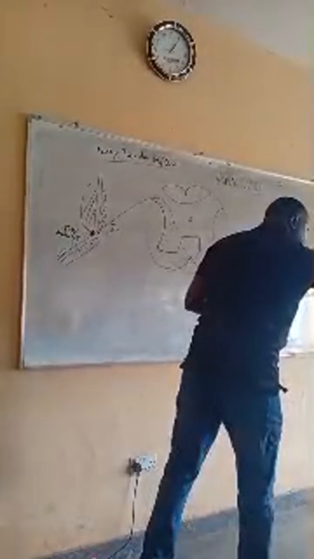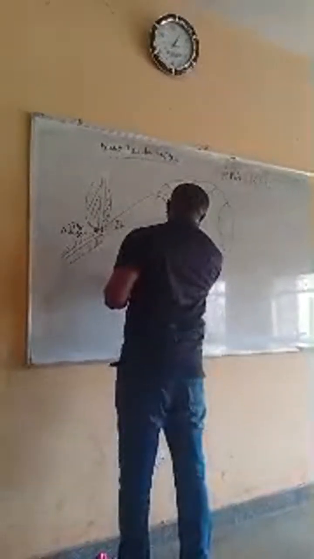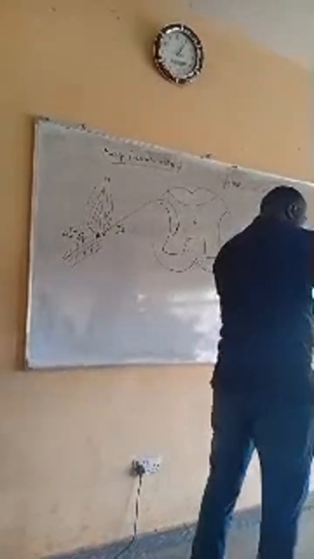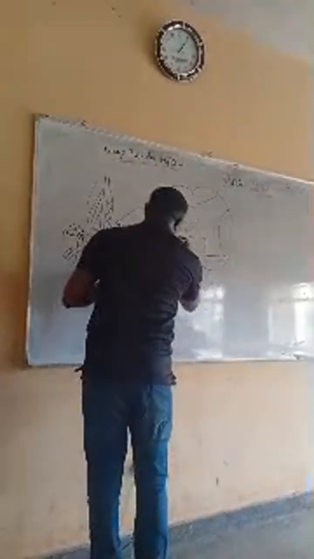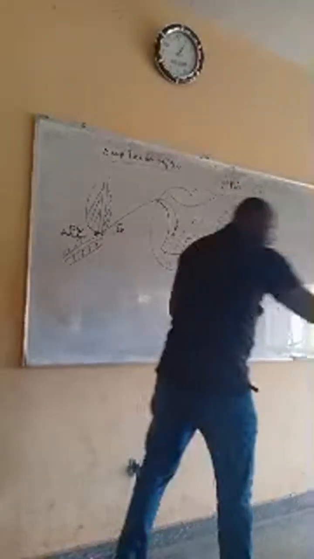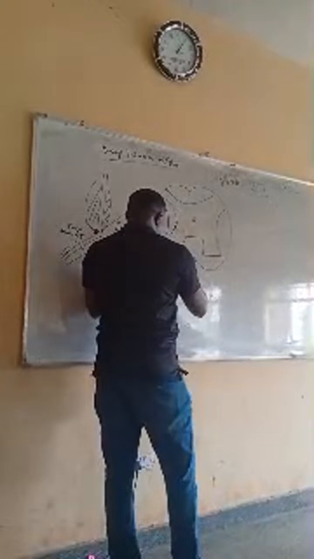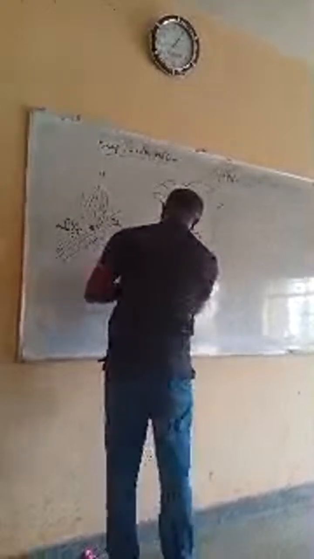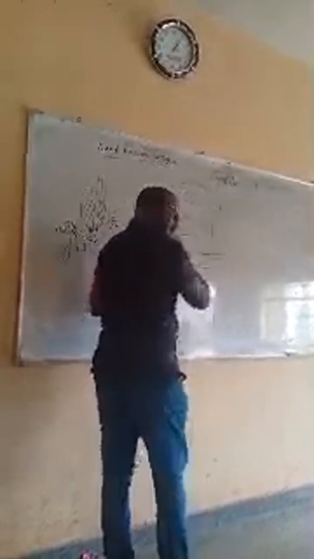And it synapses with inhibitory interneurons. And then the interneuron will now stimulate what? The alpha motor neuron.